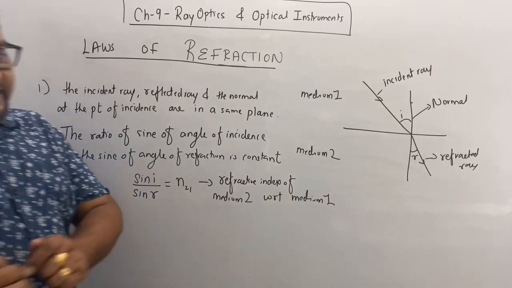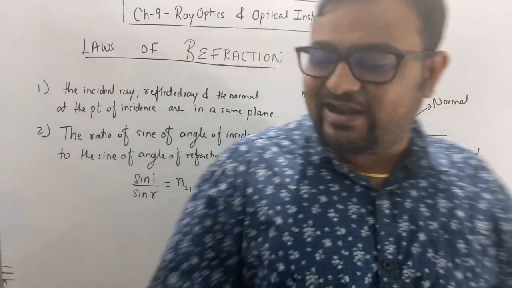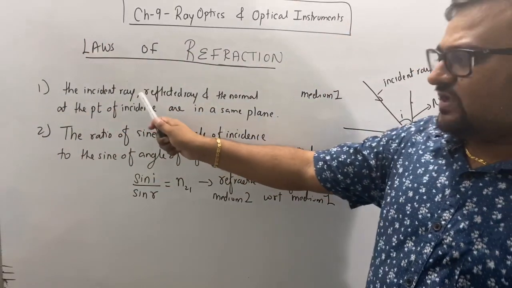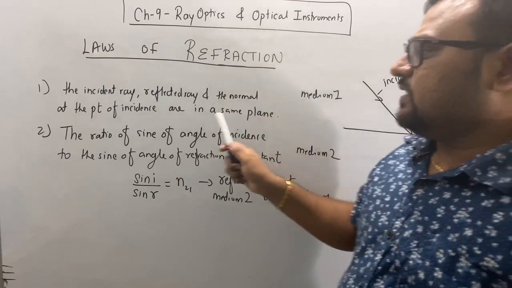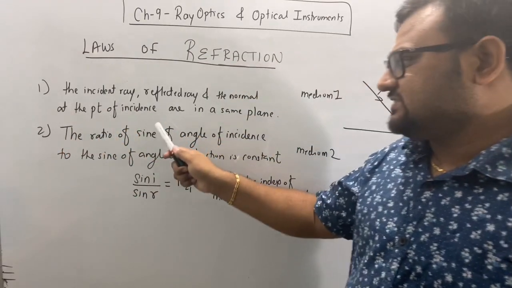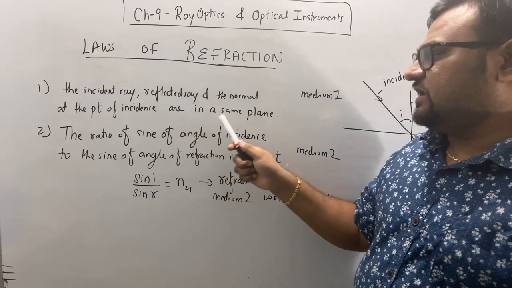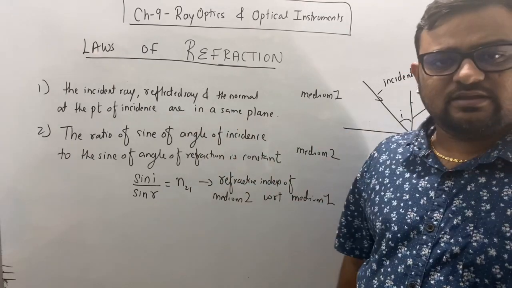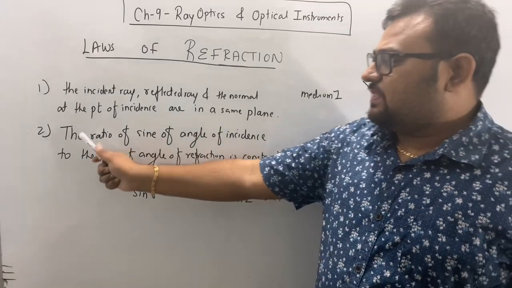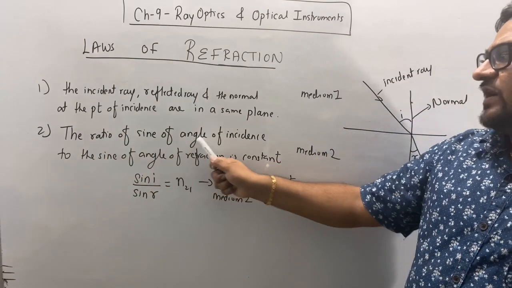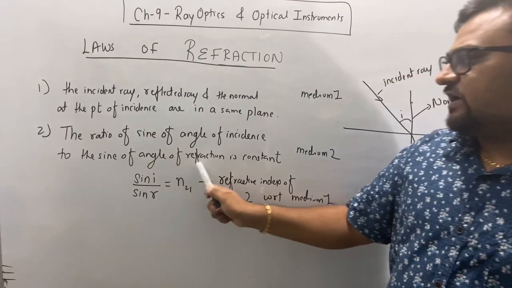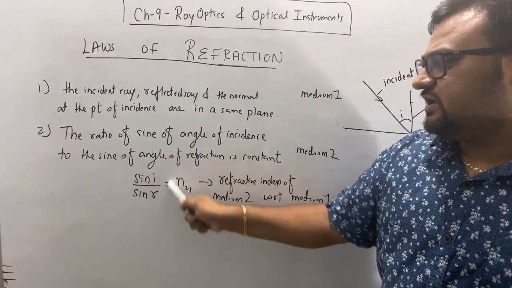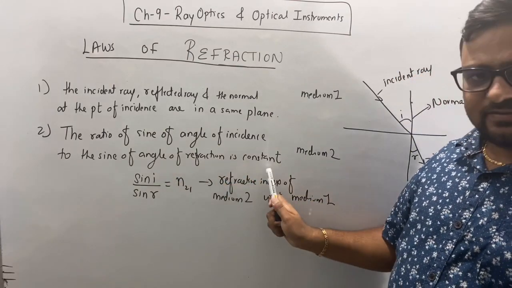So I'm repeating the laws of refraction. The incident ray, refracted ray, and the normal at the point of incidence are all in the same plane. Second, the ratio of the sine of the angle of incidence to the sine of the angle of refraction is constant.